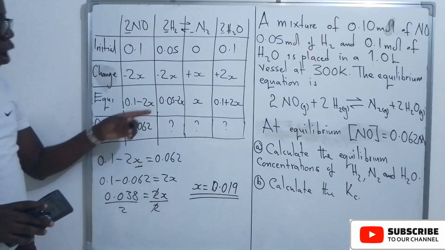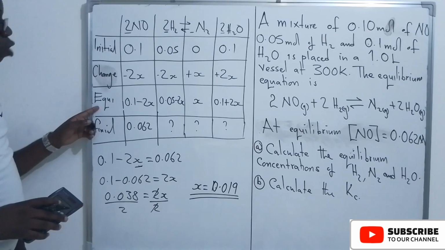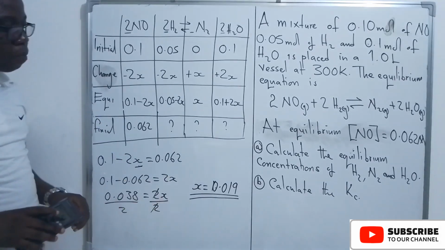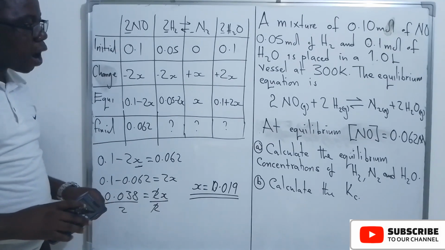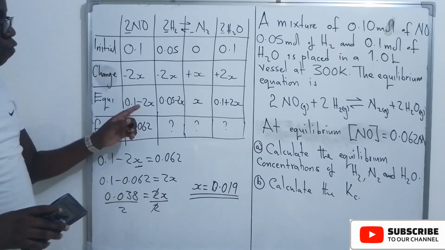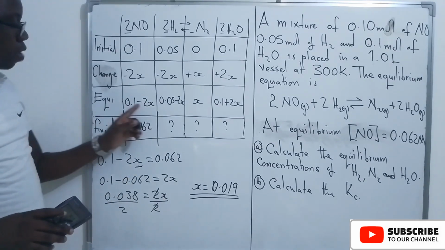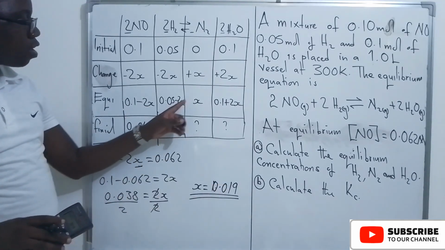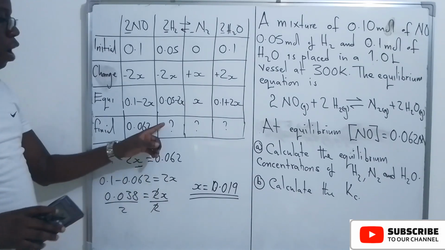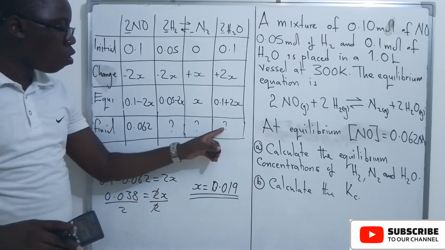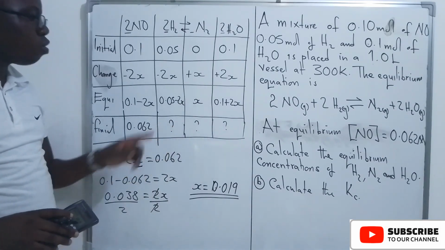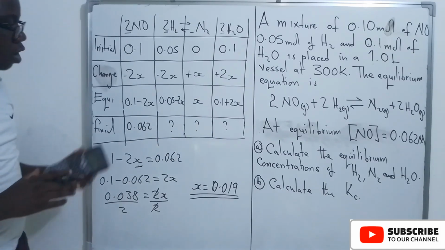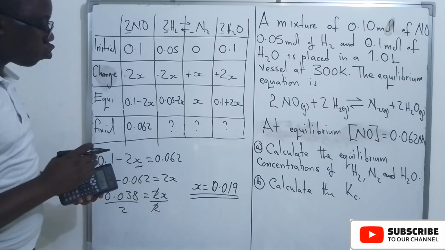So where there is x at equilibrium, we can replace it with 0.019. If we replace at the equilibrium stage 0.019 where there is x, then we are able to get the values of these three equilibrium concentrations which we have been asked. So let's start with the first one.